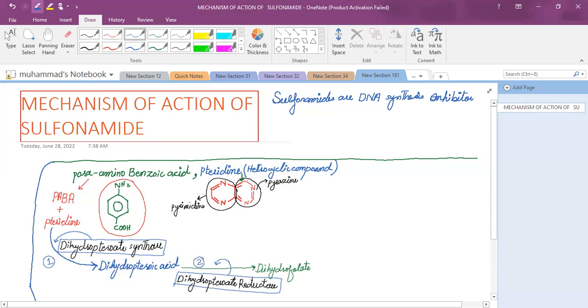After step number 2, there is another step in which dihydrofolate is converted into tetrahydrofolate.